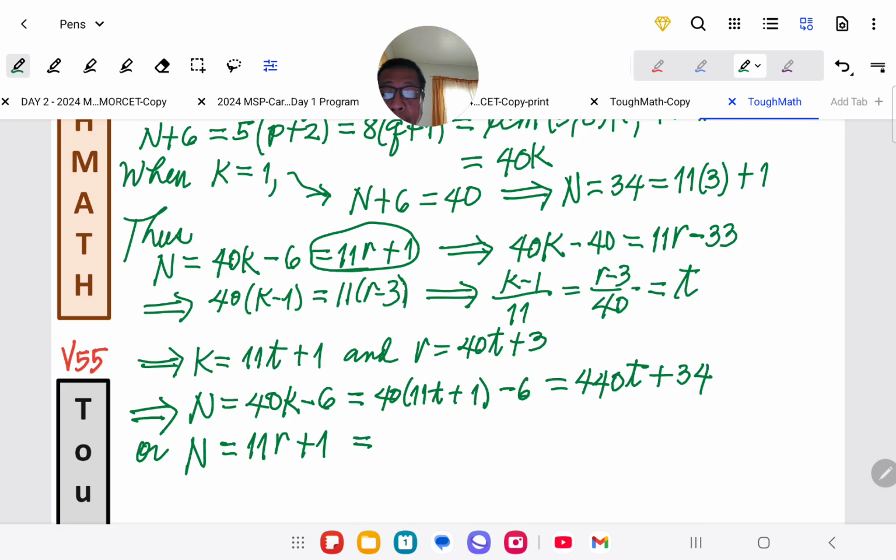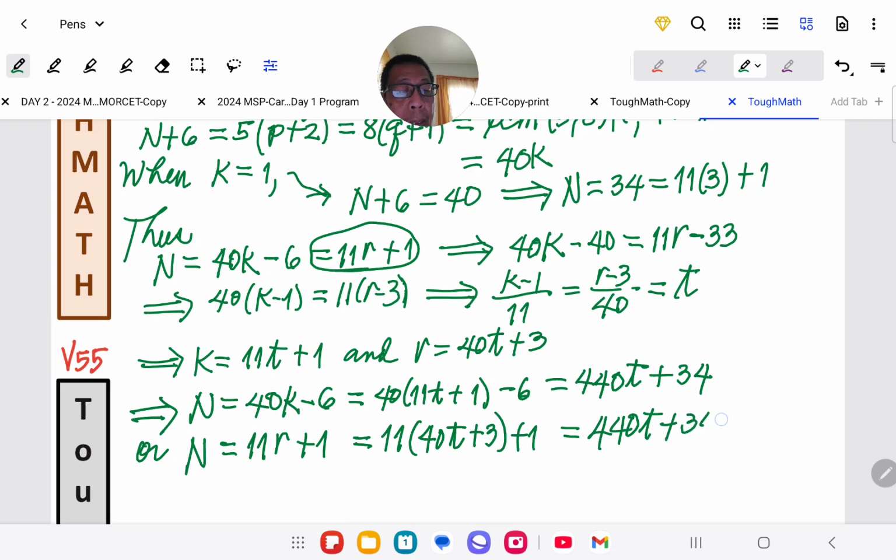But r is 40t plus 3, so you have 11 times 40t plus 3, and then plus 1. So you get the same expression for n in terms of t. Okay, so we have this.